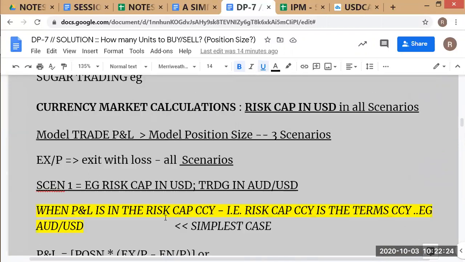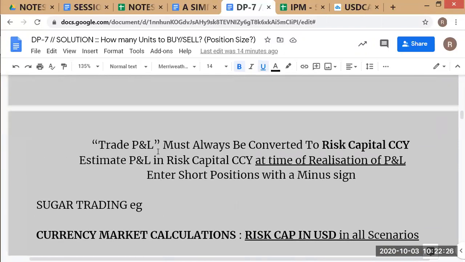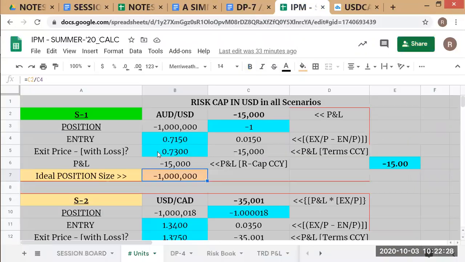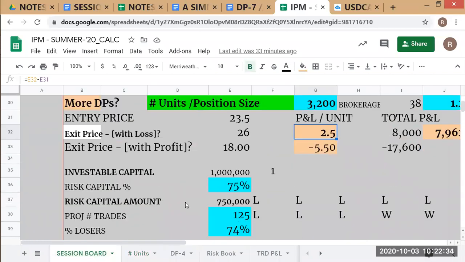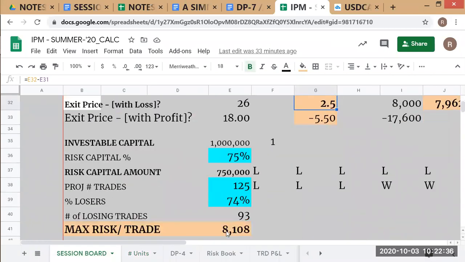Otherwise it doesn't make any sense. When you do this maximum risk per trade calculation, it comes out in your risk capital currency. Investable capital, risk capital, these are all in some currency, and that's your risk capital currency.